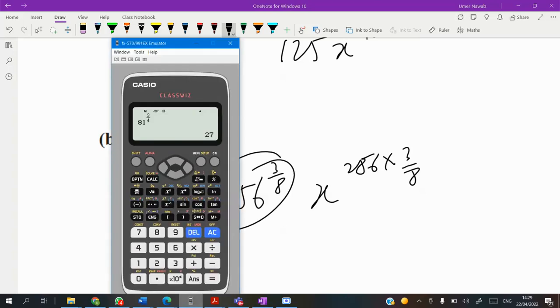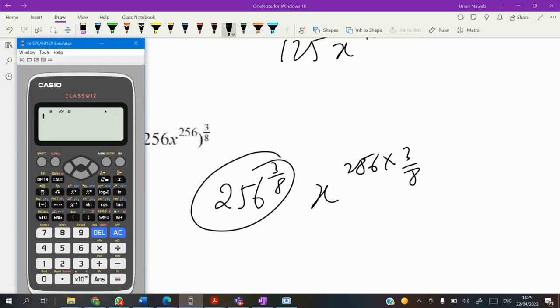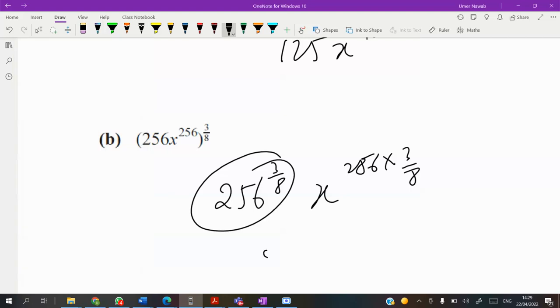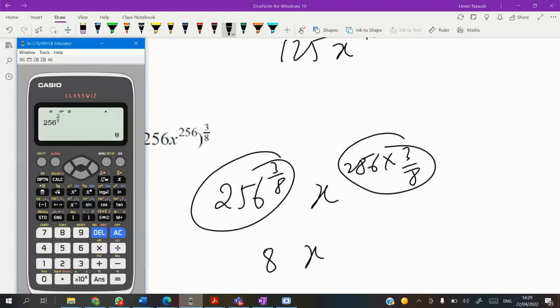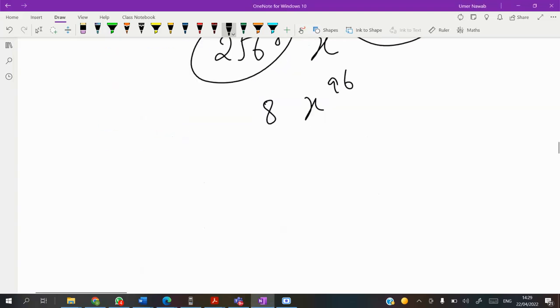Check it on the calculator. 256 raised to the power 3 over 8 gives you 8. And this one is 256 times 3 over 8, which gives you 96.